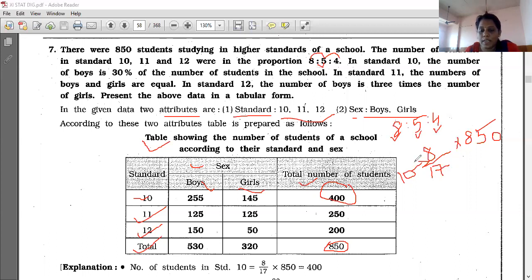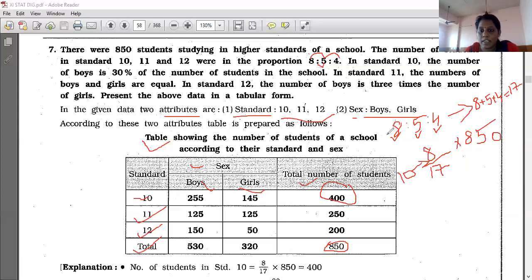Here for 10th standard I have done 8 upon 17. Where did 17 come from? Adding all of these, we get 17: 8 plus 5 plus 4 is 17. So in the denominator we always take 17.